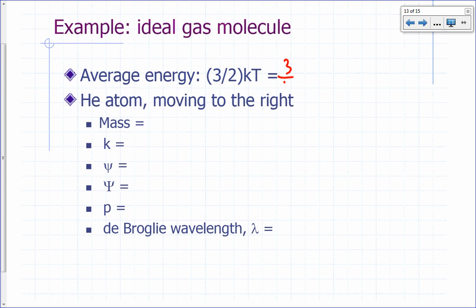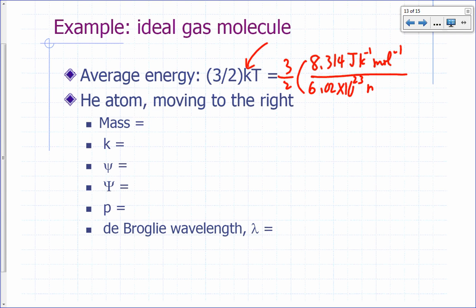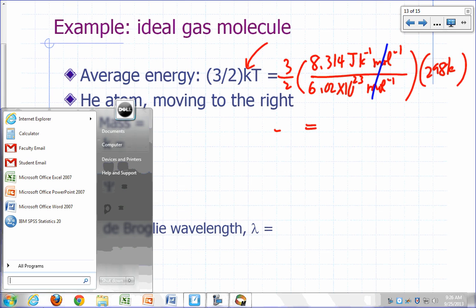K is Boltzmann's constant, so that's the gas constant, 8.314 joules per mole per Kelvin, divided by Avogadro's number, which is 6.02 times 10 to the 23rd per mole. And our temperature is, let's just say, 298, room temperature. So what would be our average energy of our molecule? Let's do this on MathCAD.